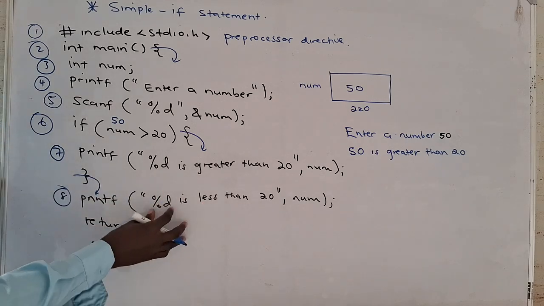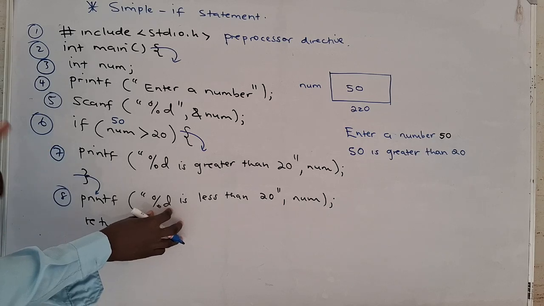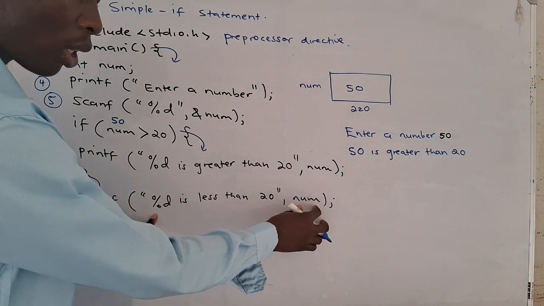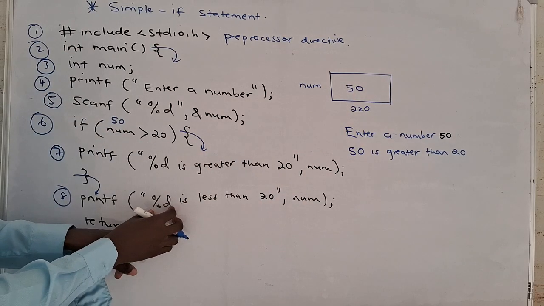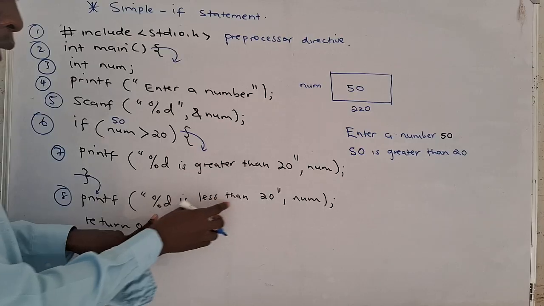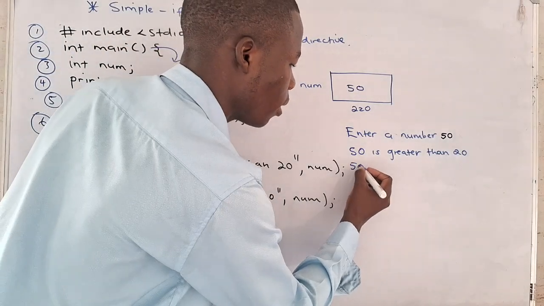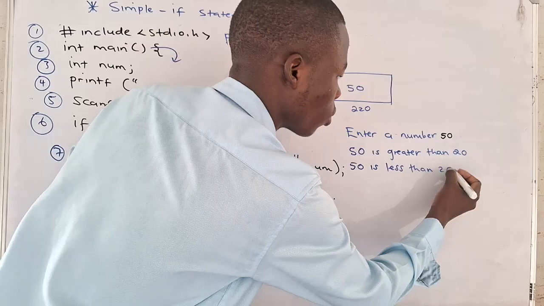This %d is a format specifier used to print an integer, and this integer is placed in num. The value stored in num is 50. So "50 is less than 20" is going to be printed.